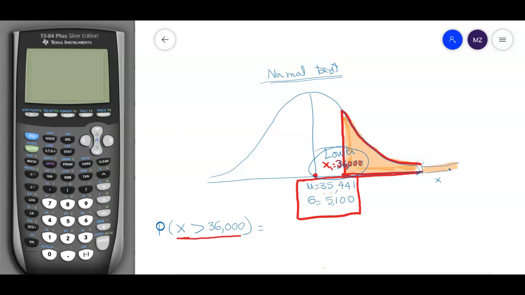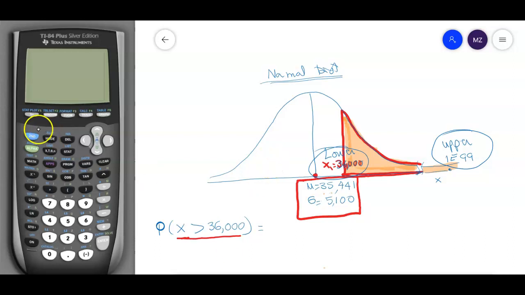So the upper bound here is infinity. The infinity on the calculator, please remember, is 1e99, because it's positive, so it's going to be positive 1e99. And I think we have everything.